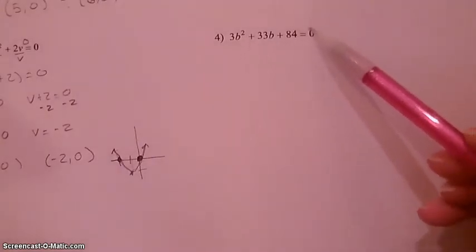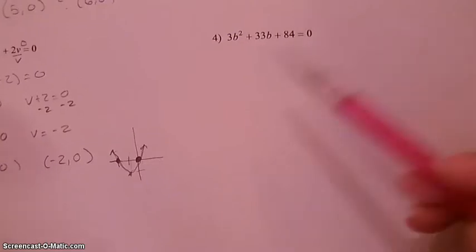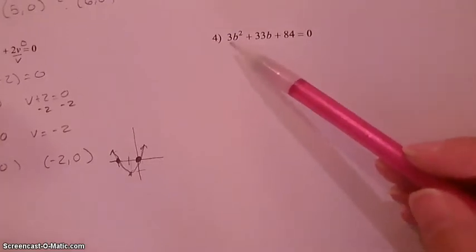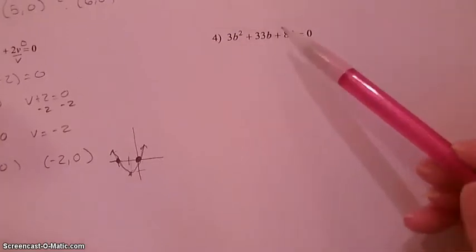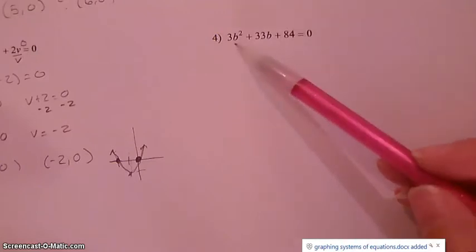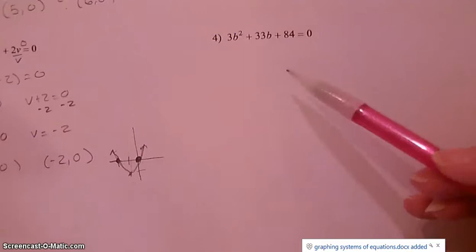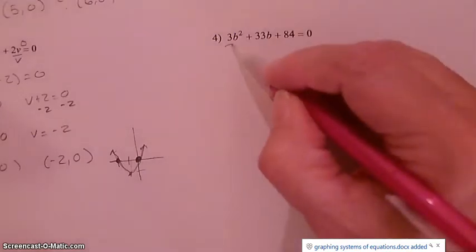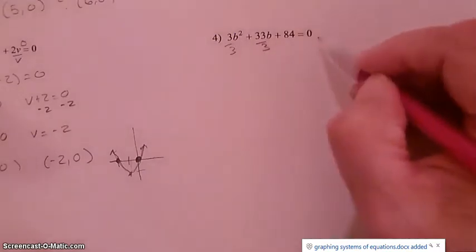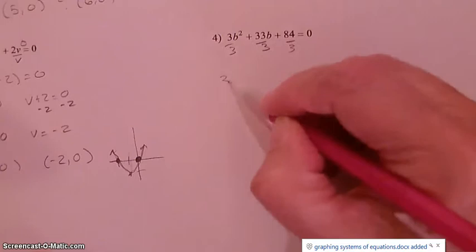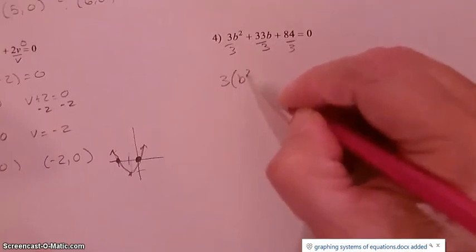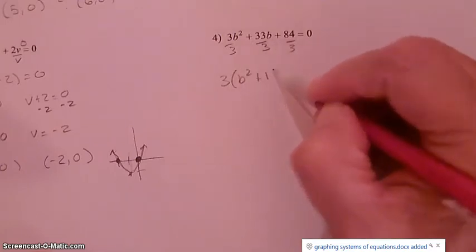This is set equal to 0, so all I need to do is see if I have a common factor. Does 3 go into 33? Does it go into 84? I only have a b squared and a b here, so I can't factor out any variables. So let's divide each of these terms by 3. 3 into 3 is 1. 33 divided by 3 is 11.